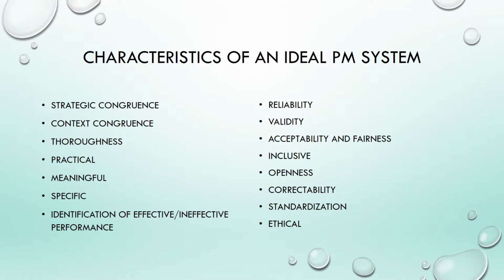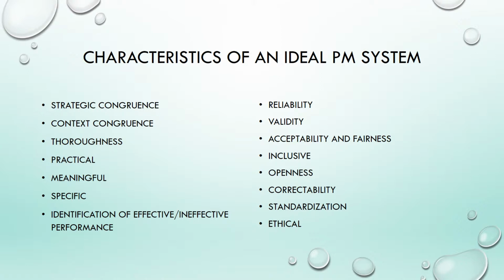Now, these aims and roles are met through a certain amount of characteristics of an ideal performance management system. When these characteristics are met, it creates a great system. So some of the characteristics are strategic congruence, which is, do the goals match up with the organization?